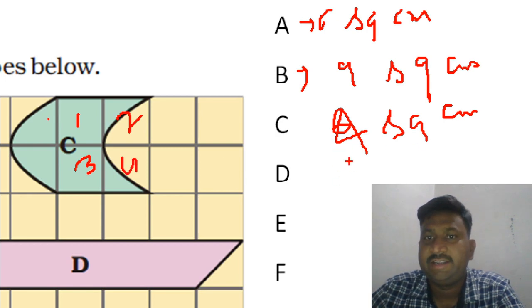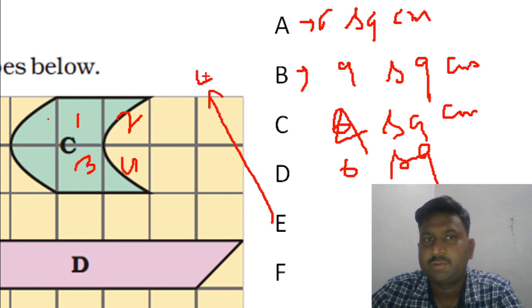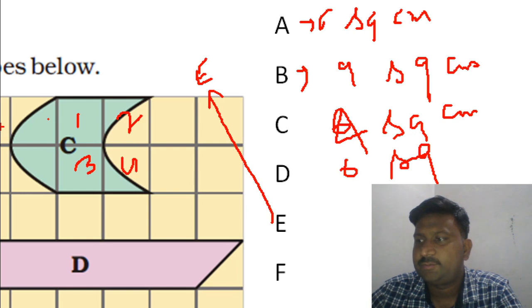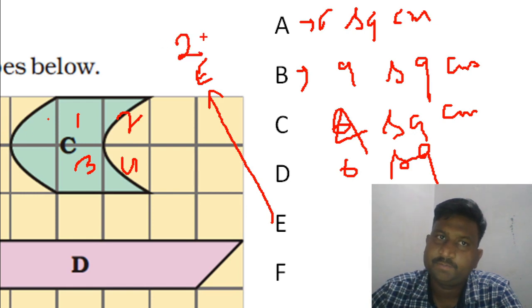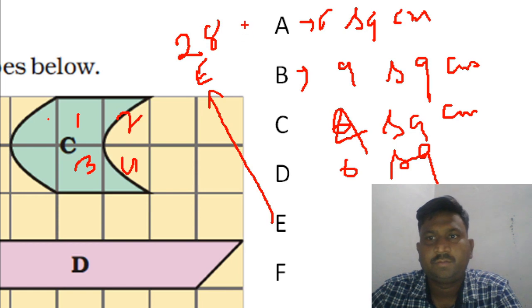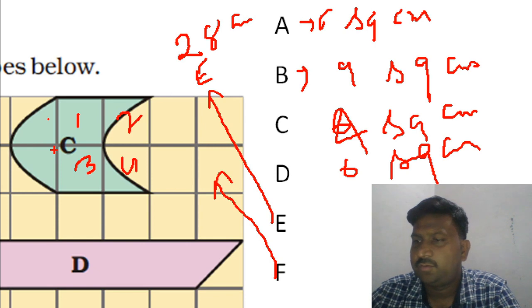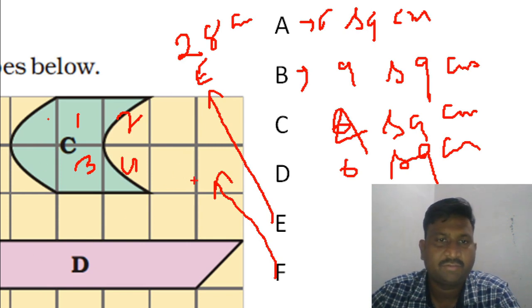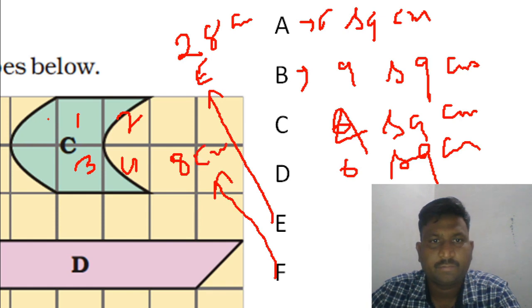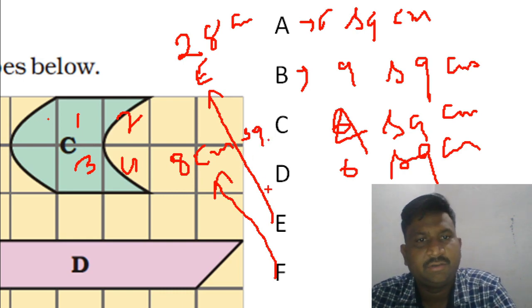So C is 4, D is 6 square centimeter. E is 28 square centimeter. And F, F has 4 plus 4, 8 square centimeter. Okay. So in this way, we can find the area.